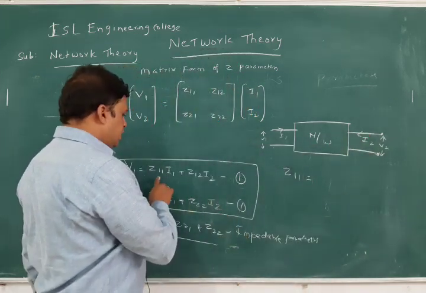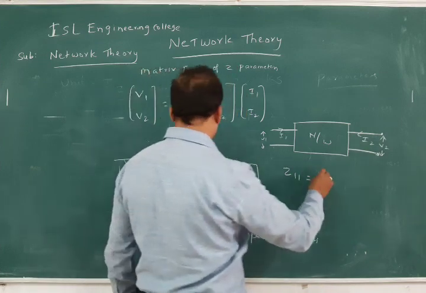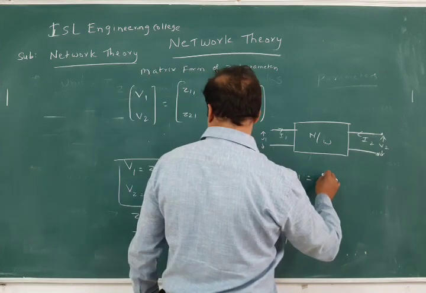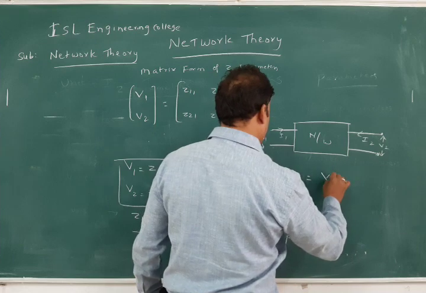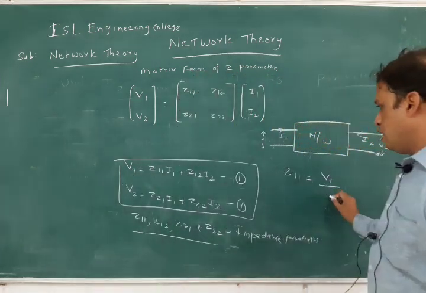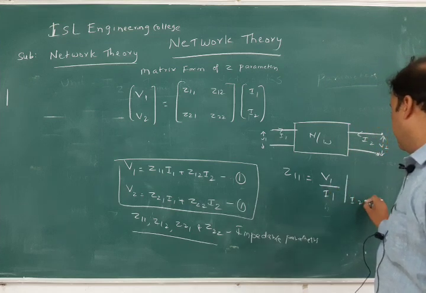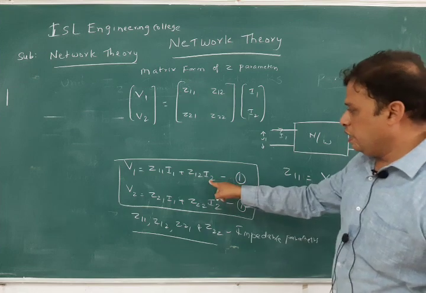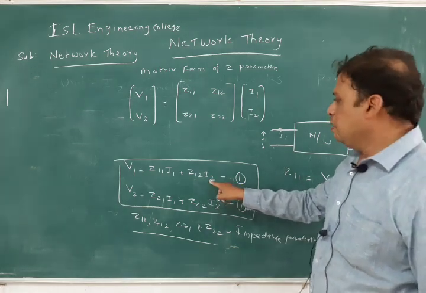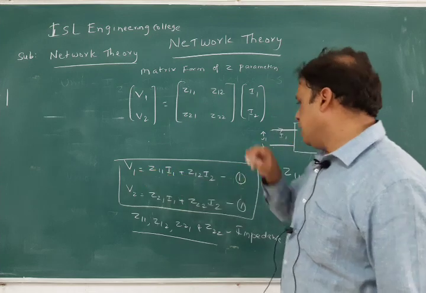So we will see that Z11 I1 is equal to V1, so Z11 is V1 by I1, where I2 is equal to 0. If I2 is equal to 0 here, this term becomes 0. So you will find Z11 is equal to V1 by I1.